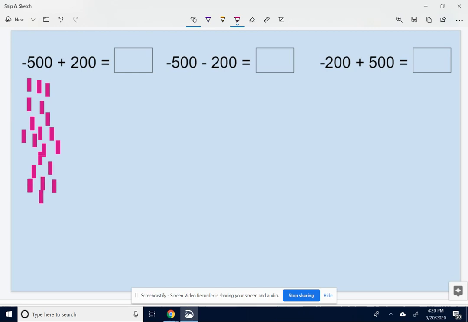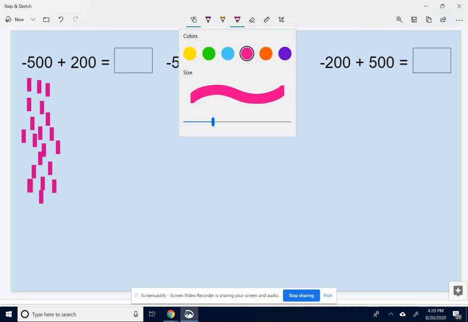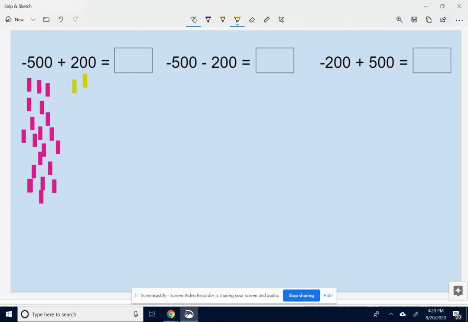Let's just think of a big pile of 500 reds, and we also have a pile of 200 yellows. The only thing I'm trying to do is see the colors and make the correct pile larger than the other. So there's 500 reds and 200 yellows, so the red pile is going to be bigger.